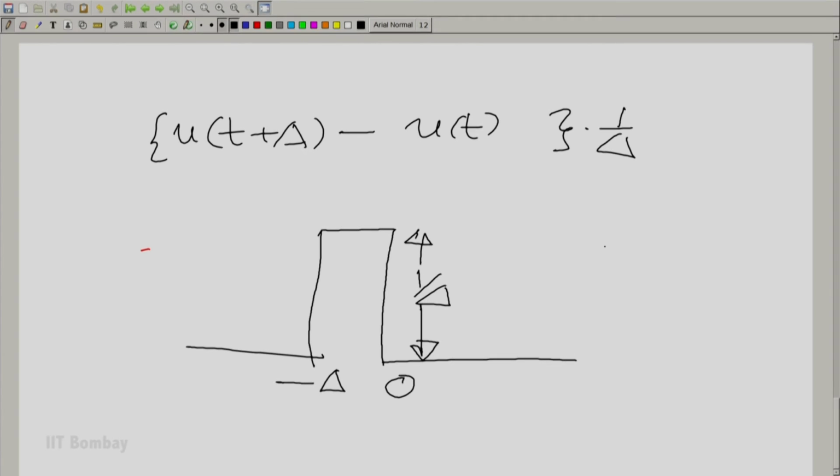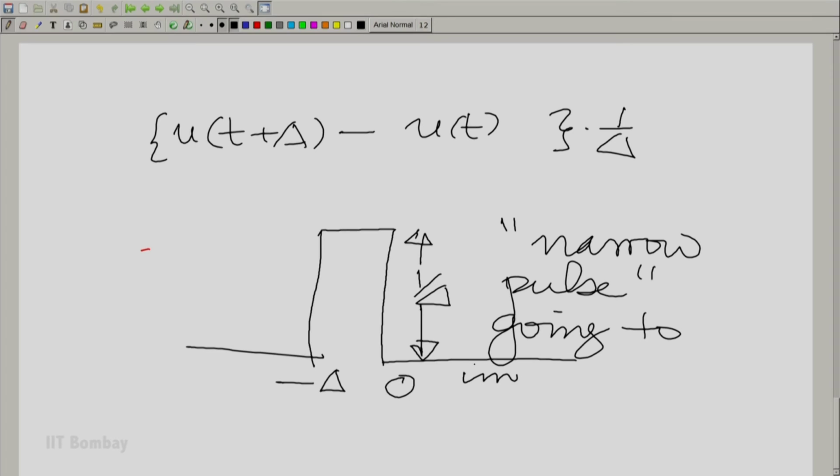And there again you can see that this is the famous narrow pulse that we have been discussing all this while, narrow pulse going to an impulse as δ tends to 0. So, we are in good shape. We have verified, even by using the notion of a derivative as we understand in traditional calculus, that if I took the derivative of a unit step, I would get the unit impulse.